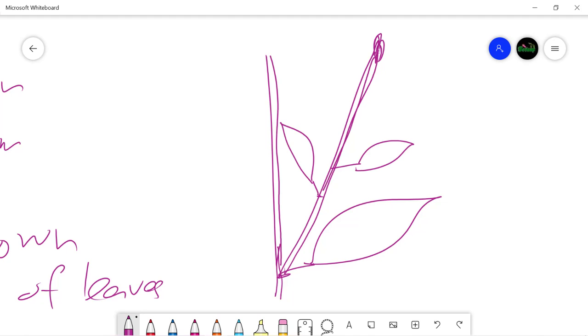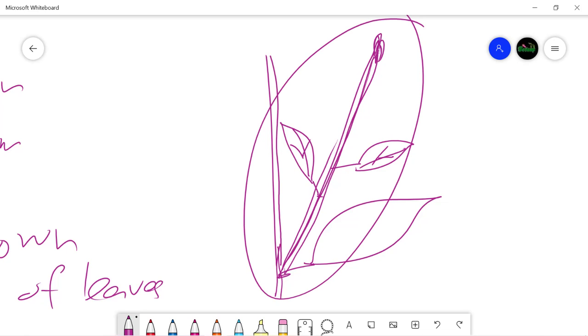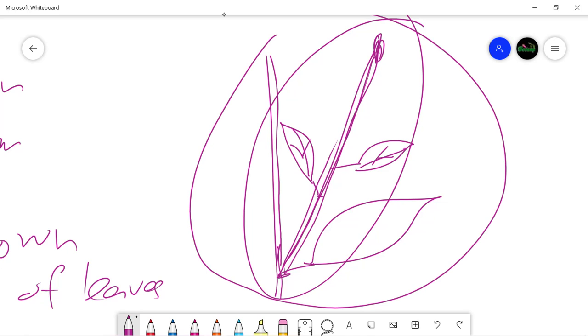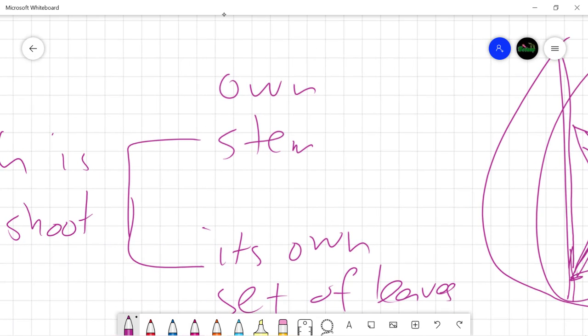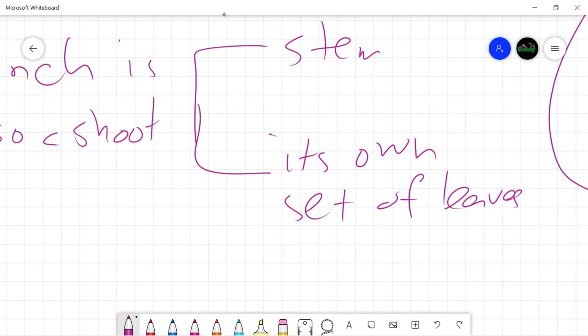So as you can see, this is its axis, the stem of the branch, and it has its own set of leaves. So this is a shoot in its own right. And this is a shoot, a whole plant. It's a composite type of shoot consisting of main axis and the branches and so on. So branch is also a shoot, and main axis with its leaves is also a shoot.